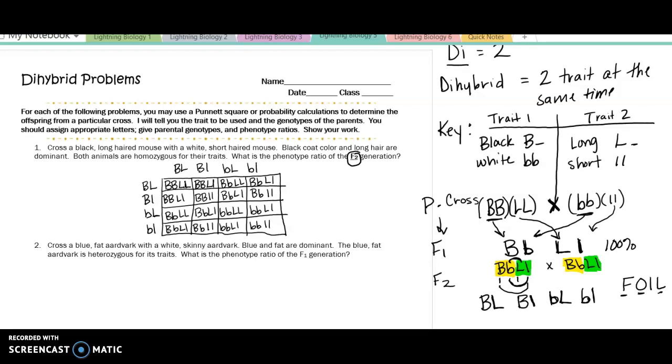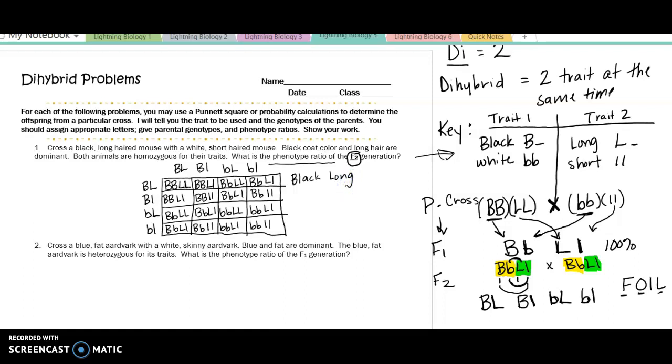And so now I go back to the question and it's asking, what is the phenotype ratio? So phenotype ratios. Well, I have to think about what are the possible physical traits that any of these offspring could have. And I go back to my key right here and I look at the combinations. And so I could end up with individuals that have black long hair.